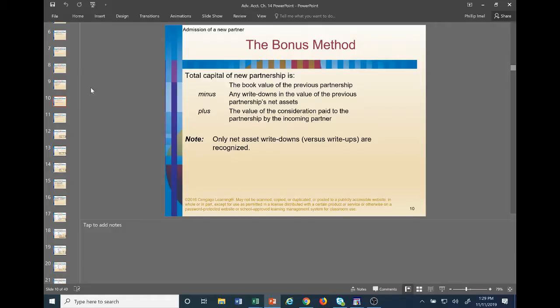Therefore, when a new partner is admitted to an existing partnership, the total capital of the new partnership consists of the following: the book value of the previous partnership, less any write-downs in the value of the previous partnership's assets as recognized by GAAP, plus the fair value of the consideration paid to the partnership by the incoming partner.